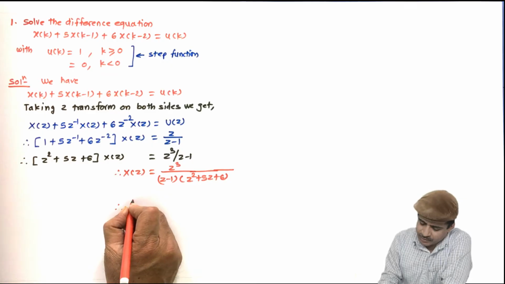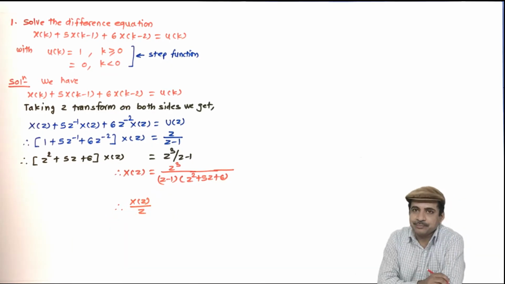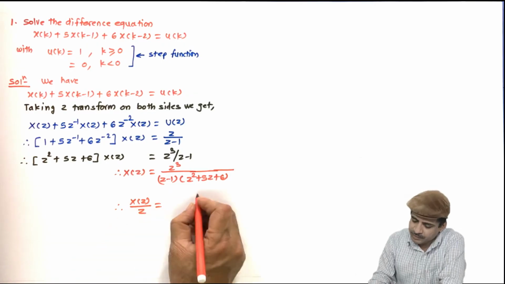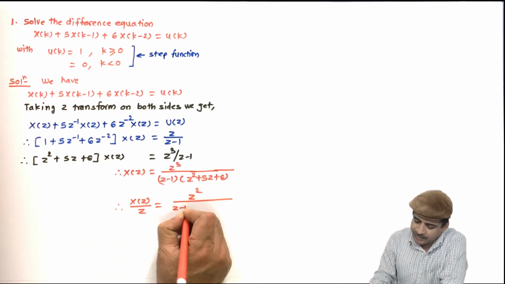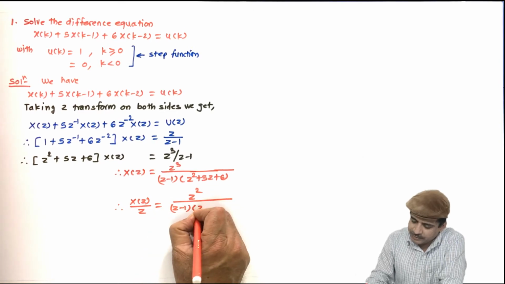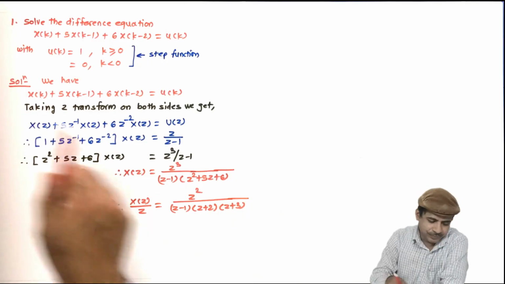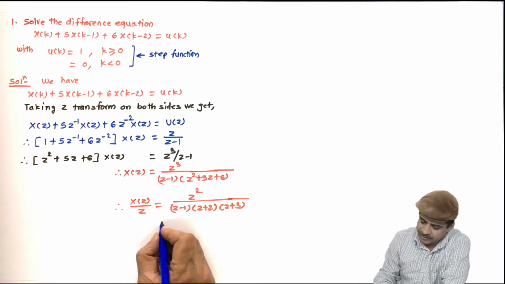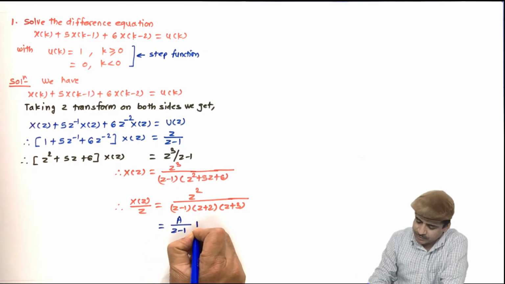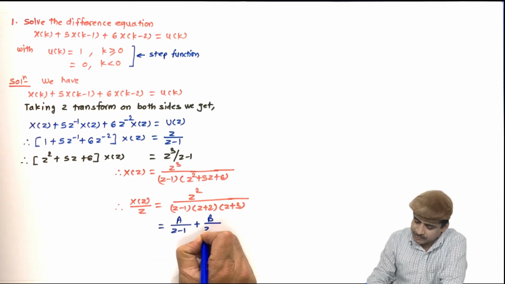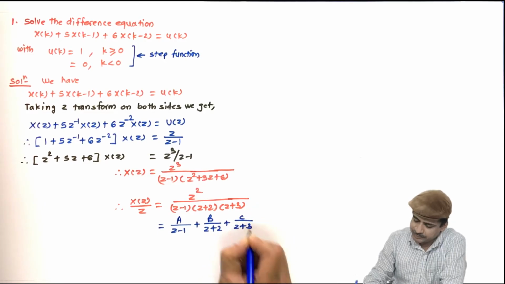Let us do it. So what is our procedure? We will do it by the partial fraction approach. So x of z by z is equal to z square upon z minus 1 into z plus 2 into z plus 3. This can be represented as A upon z minus 1 plus B upon z plus 2 plus C upon z plus 3.